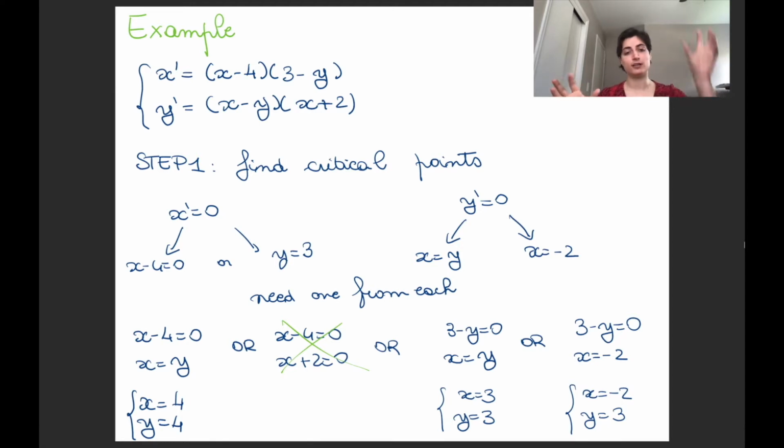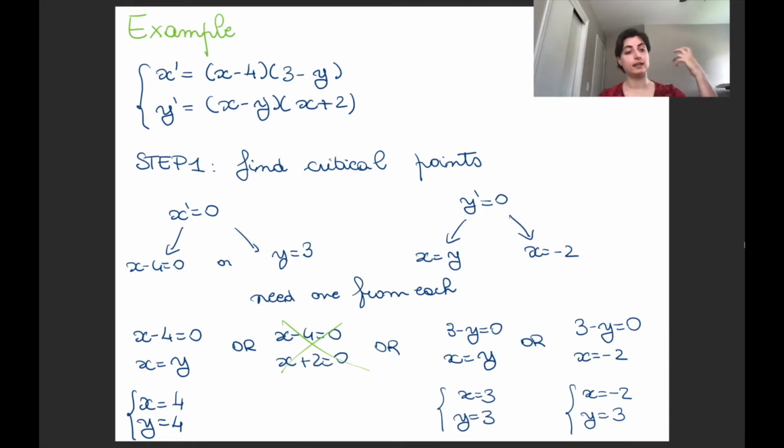Now that we have x prime equal to 0 and y prime equal to 0, we need one of each, because choosing either will put the corresponding derivative to 0, so we pick one from one side and one from the other. So we can pick x minus 4 equal to 0 and x equal to y. So we have a critical point that is 4, 4.